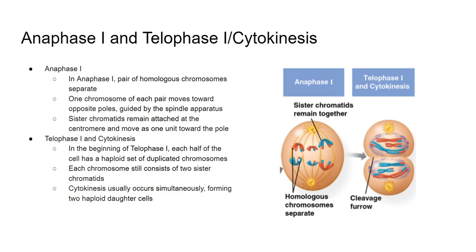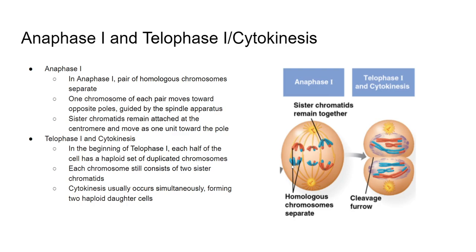The recombinant DNA between these two chromosomes interacting through crossing over gives us some genetic variation. This homologous chromosome and this homologous chromosome are different. This chromosome contains some DNA from the maternal set, and this chromosome contains DNA from the paternal set. So this contributes to genetic variation.